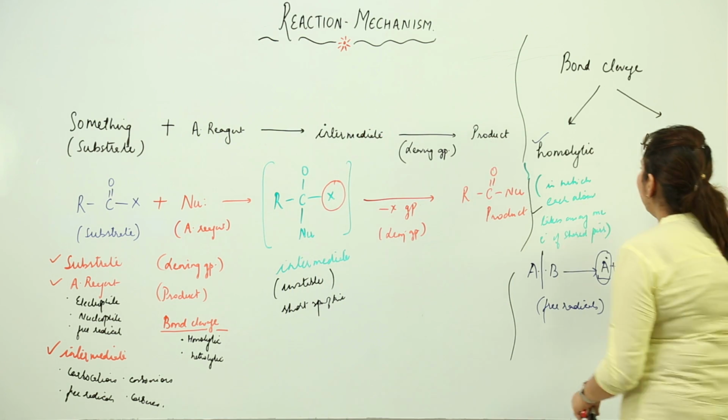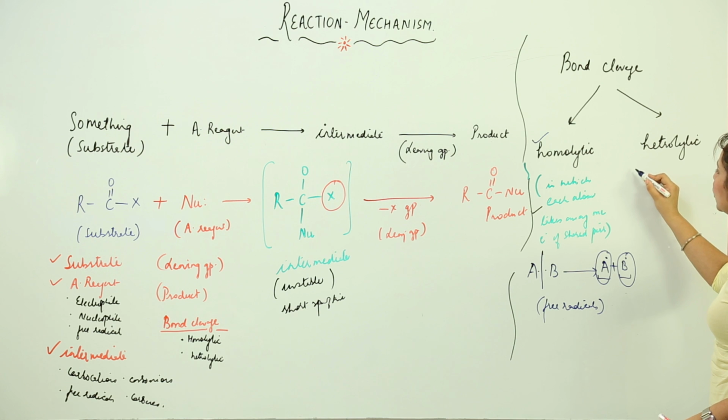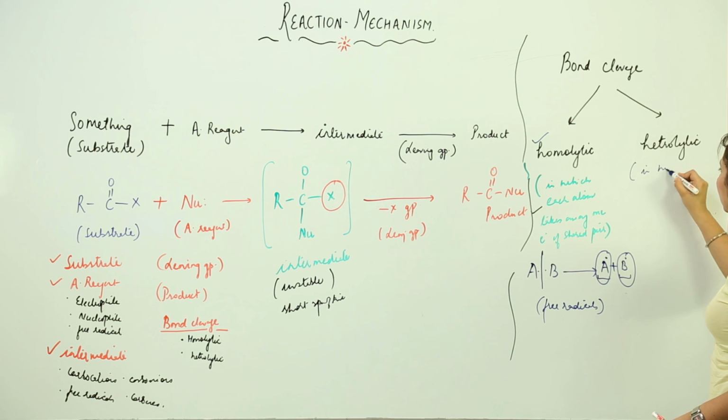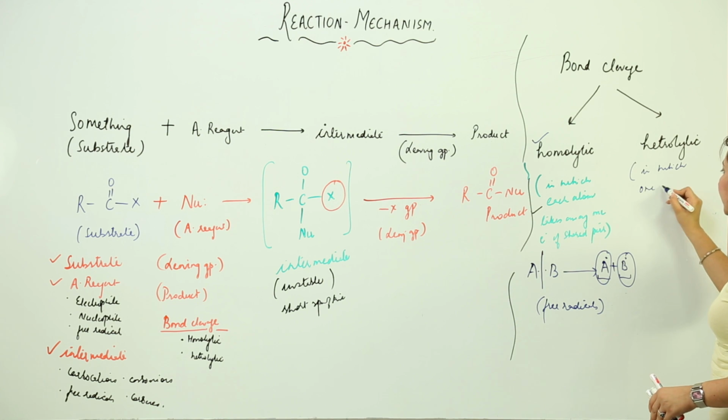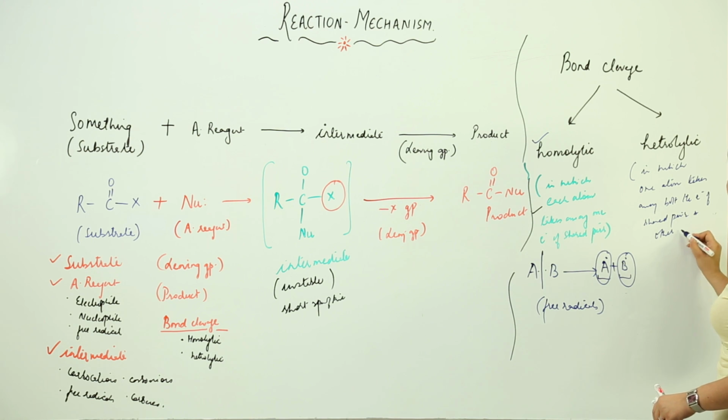Likewise, we talk of the heterolytic one. The heterolytic one is that in which the bond cleaves in such a way that one atom takes away both the electrons of the shared pair and the other atom takes nothing along.